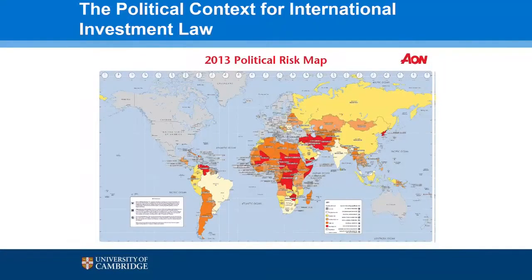So if we start with this concept of protecting investments under international investment law, the slide you see here, the first one, showing the world with the title of a 2013 political risk map, is essentially there as an example to show the wider context of this system of investment protection.